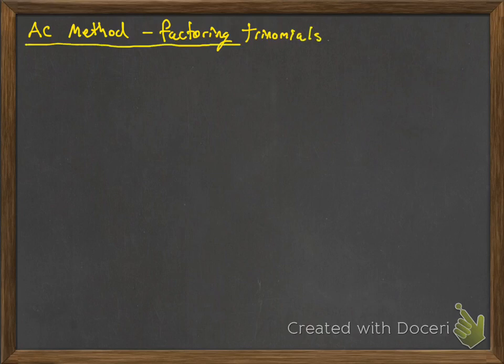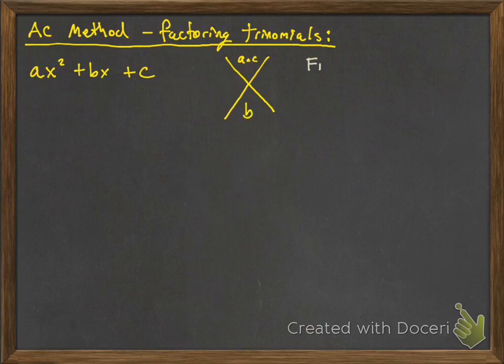So generically, the setup is you've got ax squared plus bx plus c, and I use a diamond to organize it. I've seen other people use a table. Maybe you do it in your head. All of them are the same, you're just finding some way of organizing your thought process. So on the top, you have a times c. On the bottom is b.